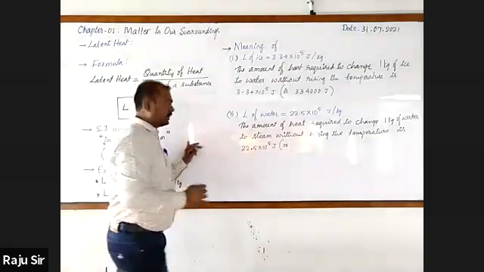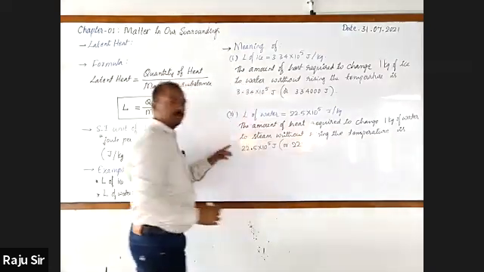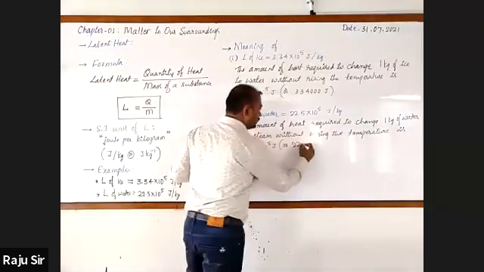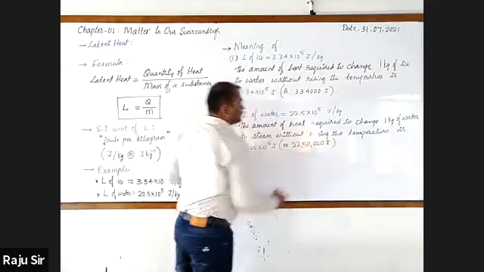This can also be written as 22 lakh 50,000 joules.